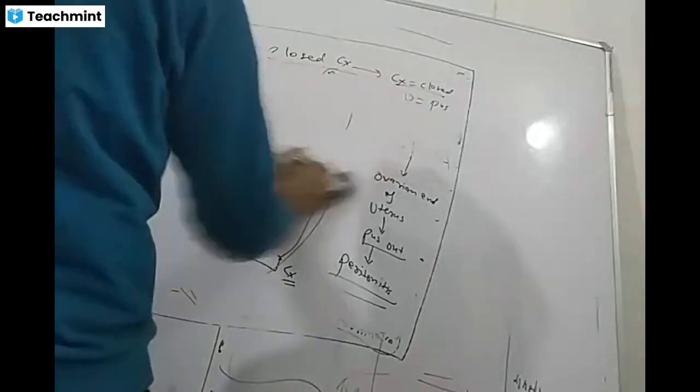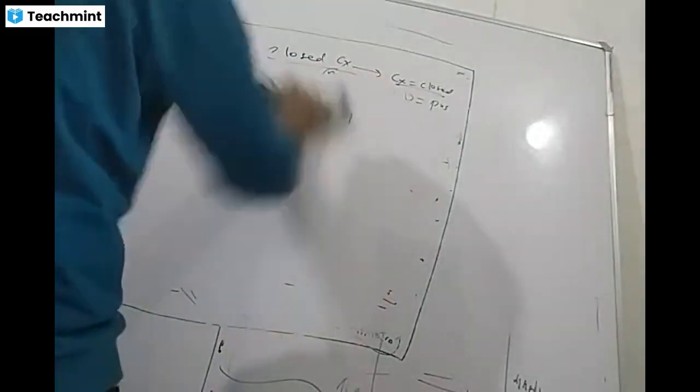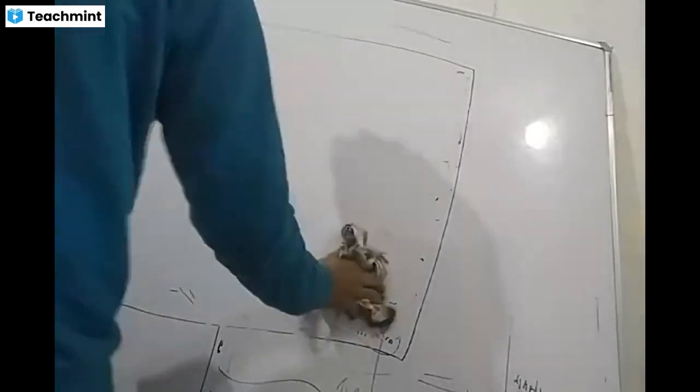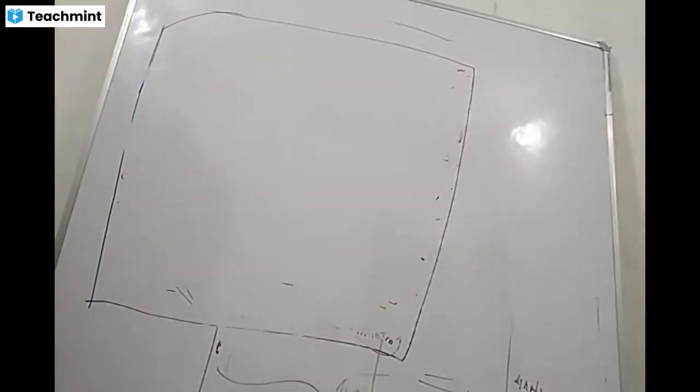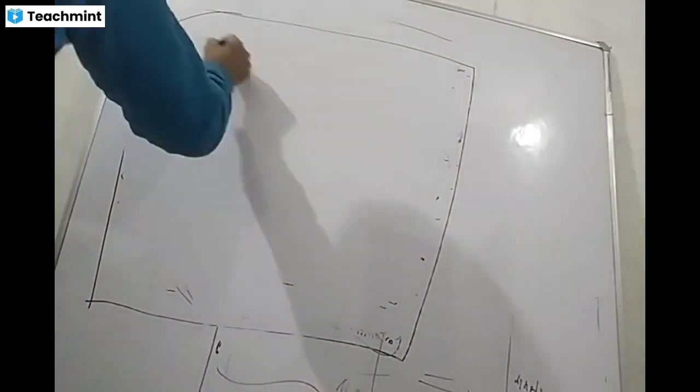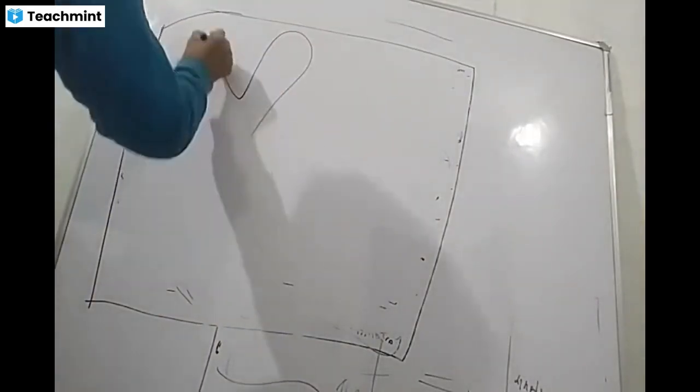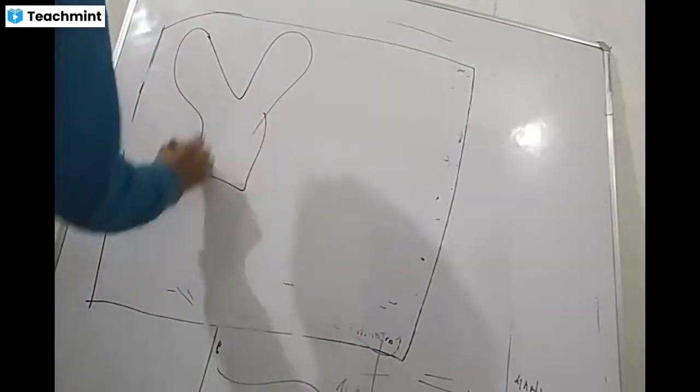The second thing about closed cervix pyometra is that the uterus is filled with pus.